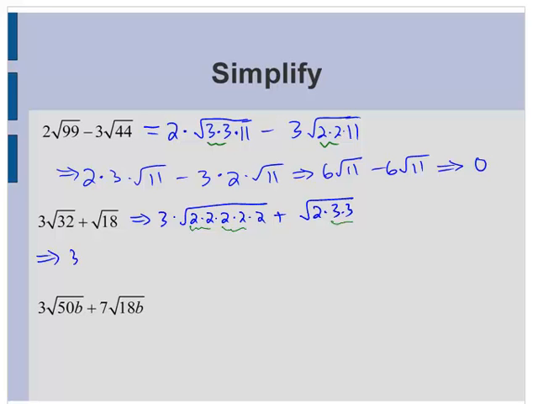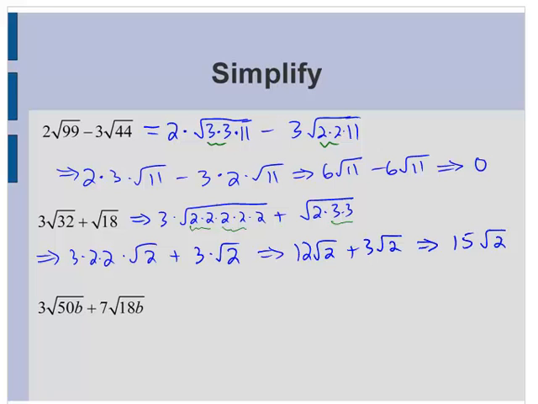And so that would give me 3 times 2 times 2 times the square root of 2, plus 3 times the square root of 2. So 3 times 2 is 6 times 2 is 12. 12 times the square root of 2 plus 3 times the square root of 2 is 15 times the square root of 2.